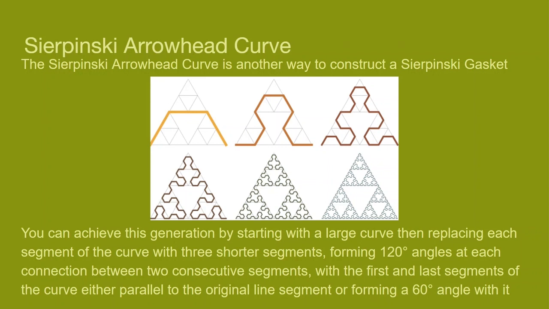So let me simplify it. Basically, each of these segments in the curve is going to become a curve of itself. And then with that process repeated, it ultimately makes a Sierpinski's gasket type shape.